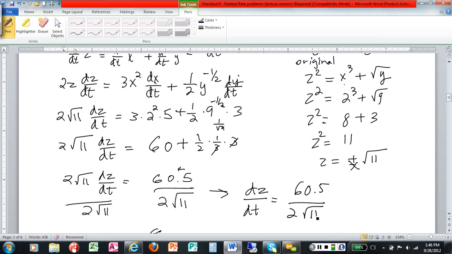And a lot of times they will want a decimal answer on that, so let's just round that off to one decimal place here. 60.5 divided by 2 square root of 11. Try that again. 60.5 divided by 2 square root of 11.